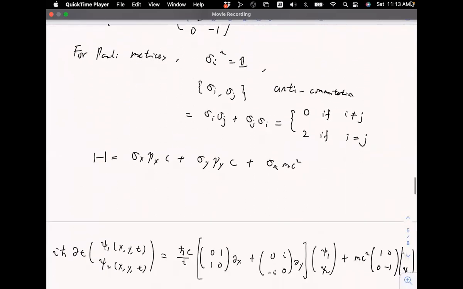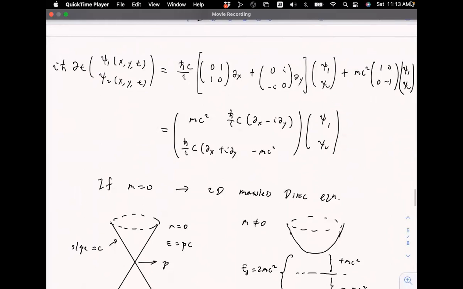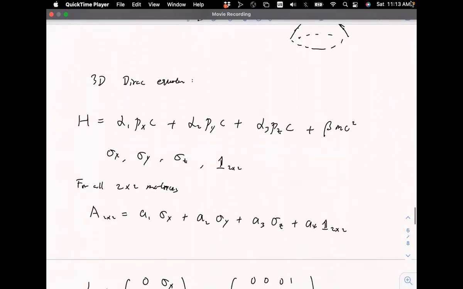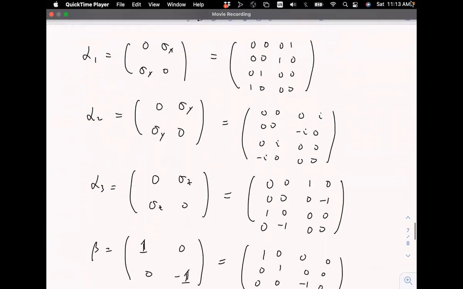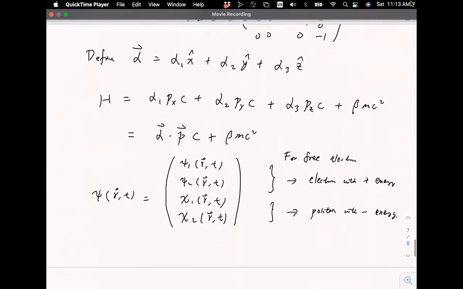And it turned out that in 1D and 2D cases, you can use 2x2 matrices. So that's why for 2D Dirac fermion, the wave function has only 2 components. But once you go to 3D, then you have to go to 4x4, and the spin and the antiparticle just come out directly due to this method.